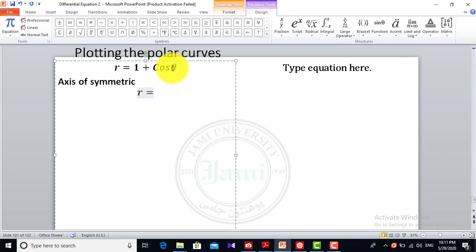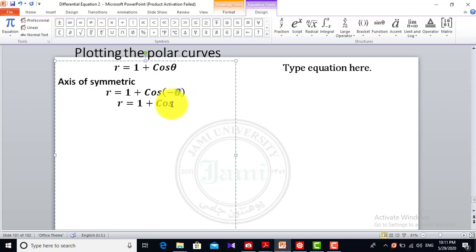So I will be getting r equals 1 plus cos of minus theta. So cos of minus theta is a formula: cos of minus theta is nothing but cos theta. So I will be getting cos of theta.